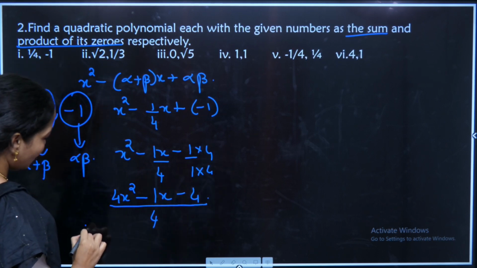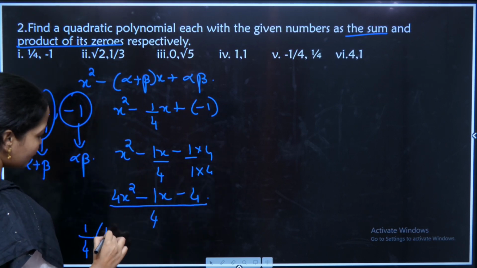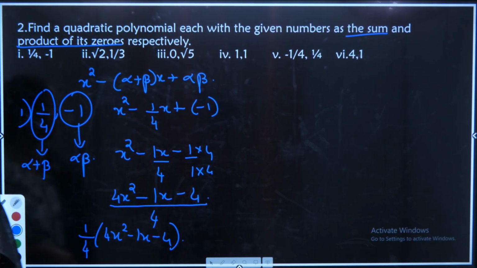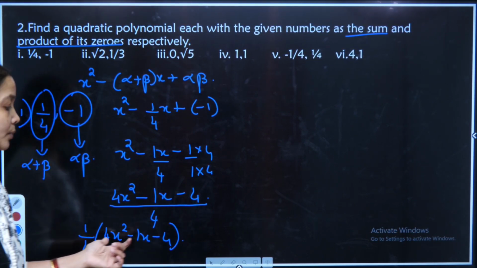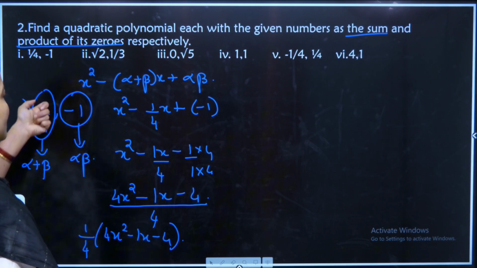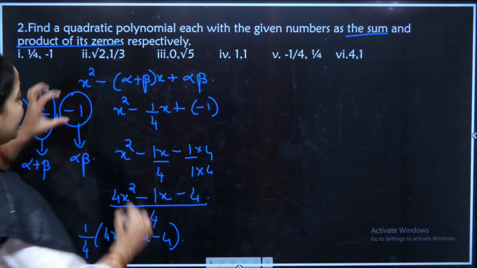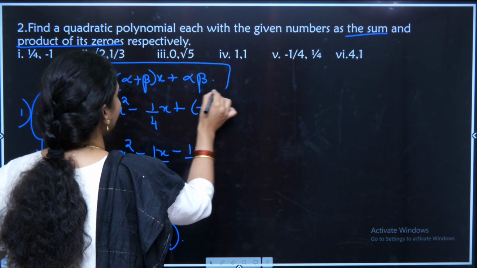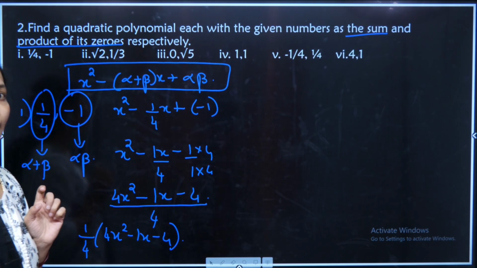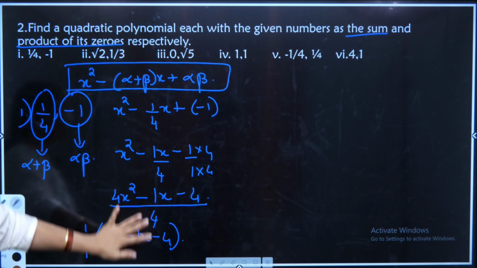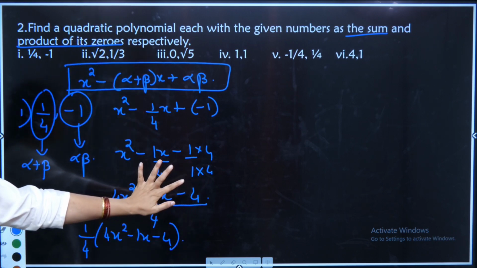Therefore, we'll write 1 by 4 of 4x square minus 1x minus 4 is the quadratic equation framed when my sum of roots is 1 by 4 and product of roots is negative 1. So if I just memorize this one simple formula out of the whole given second main, I can easily do all the questions required from the textbook.